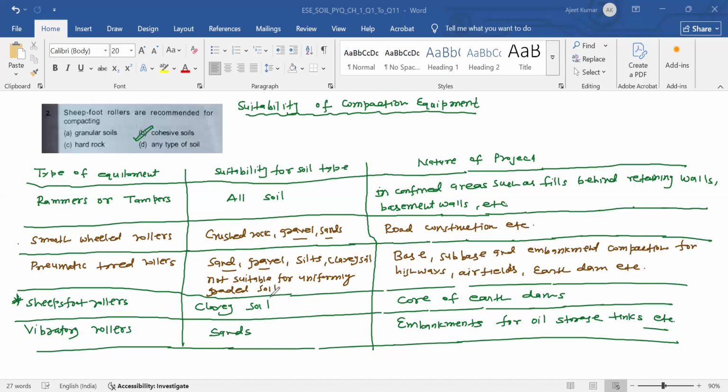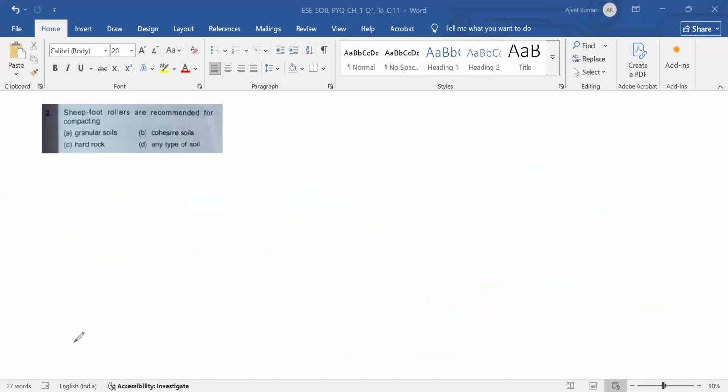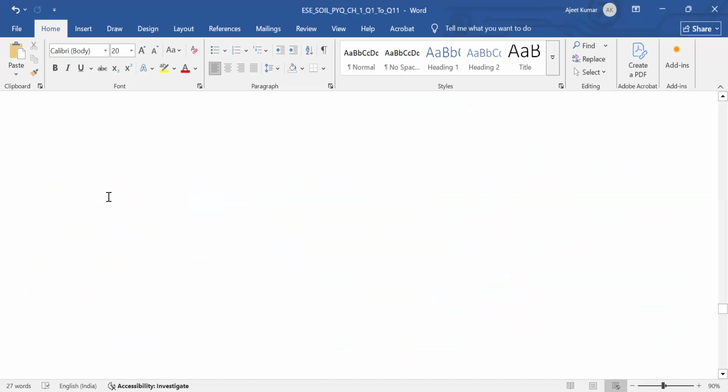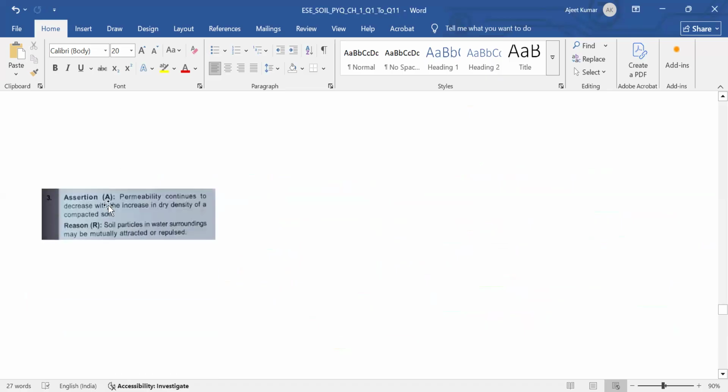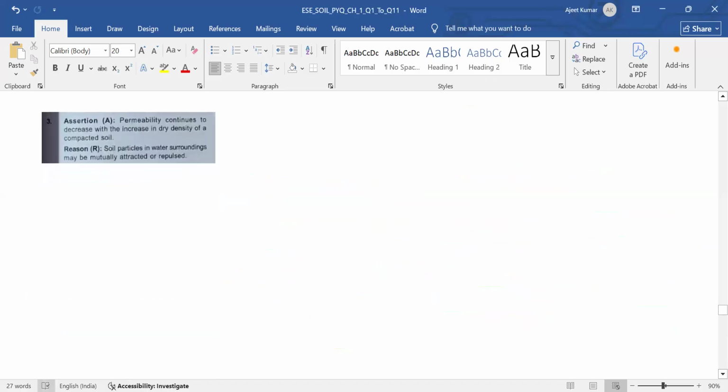Okay, now we will discuss question number 3. Permeability continues to decrease with the increase in dry density of a compacted soil.